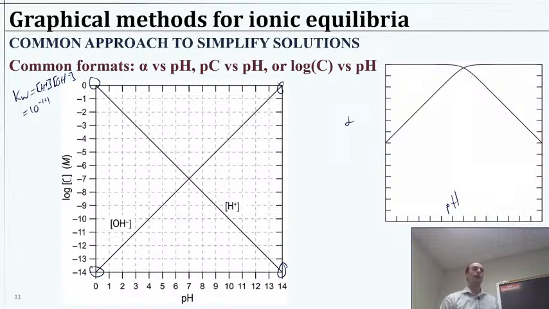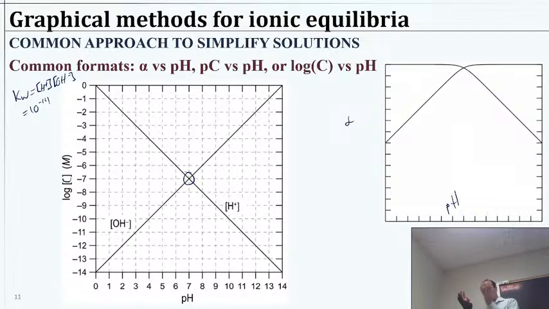All of those are defined by Kw. And even when we ask what happens when H plus is equal to OH minus, that's the same thing as saying Kw is equal to H plus squared. You solve for H plus and you get 10 to the minus 7, which defines exactly here. So all of that information, these lines, are defined right there.